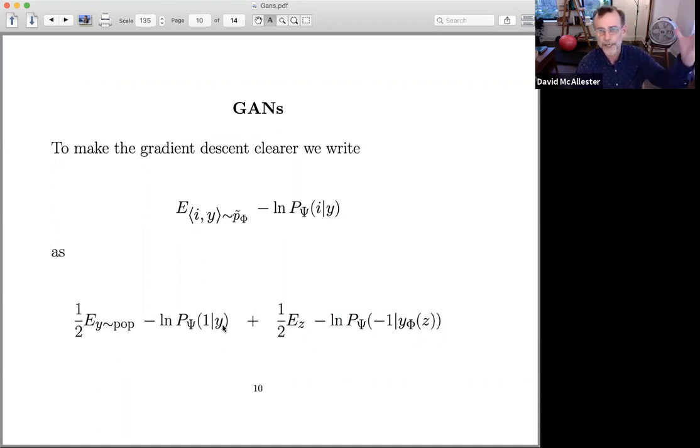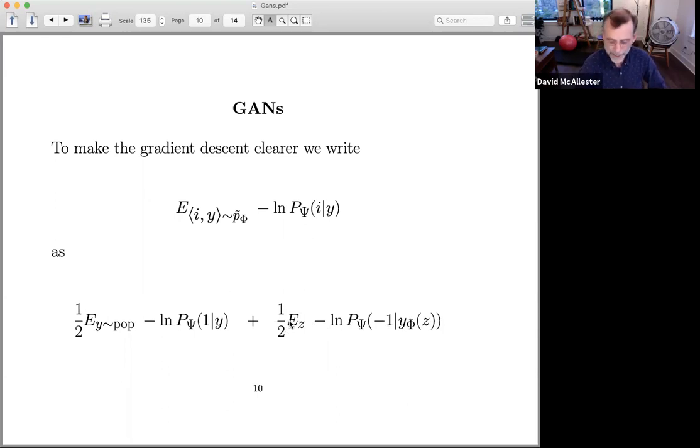We haven't looked at the generator in this example. So this is half of our objective function. The other half involves both the discriminator and the generator. So when we generate from the generator, this half of the objective function has this adversarial nature.